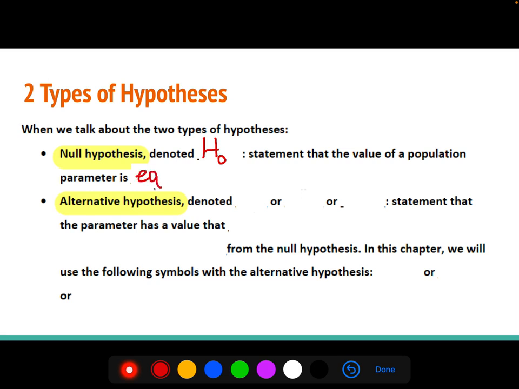It's a statement that the value of the population parameter is equal to some claimed value. Notice I said equal for the null hypothesis.